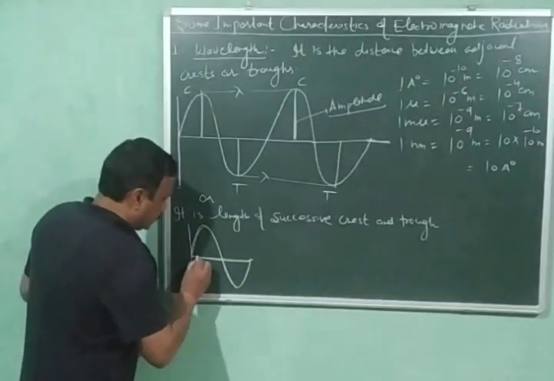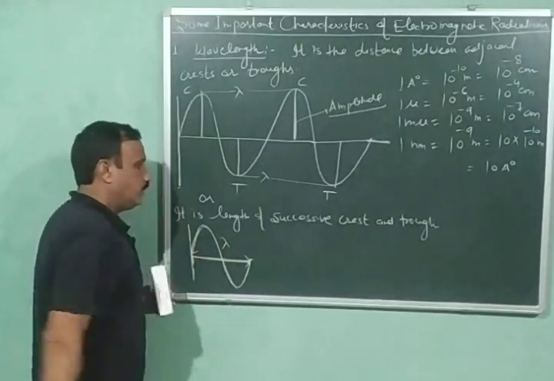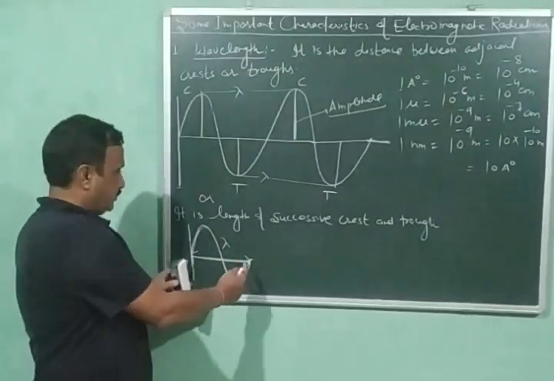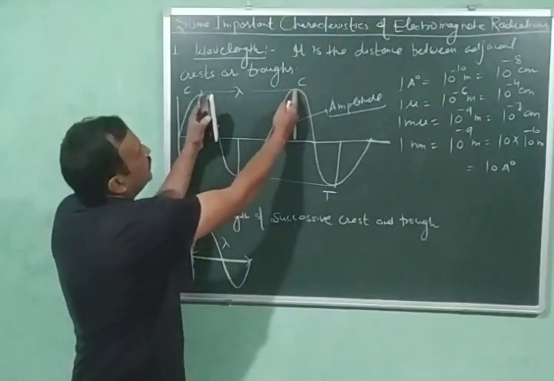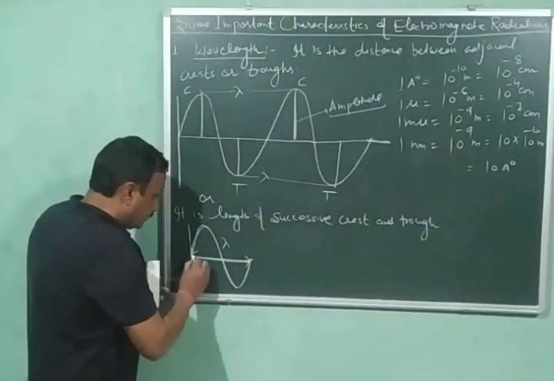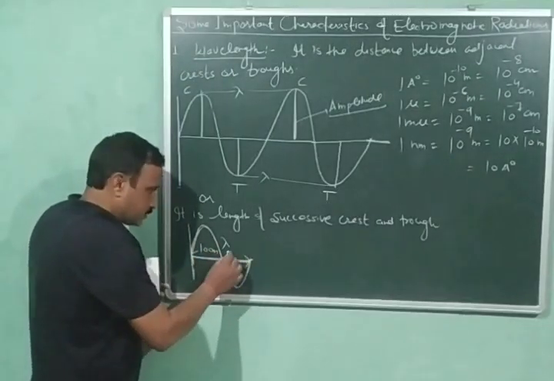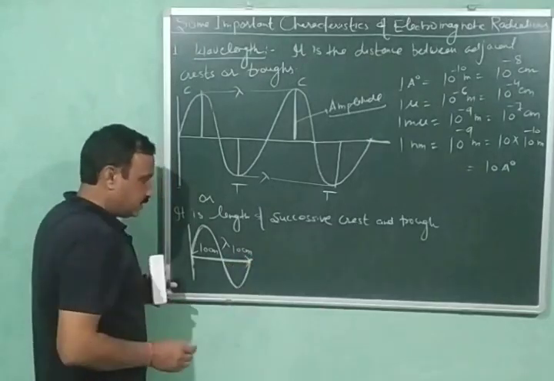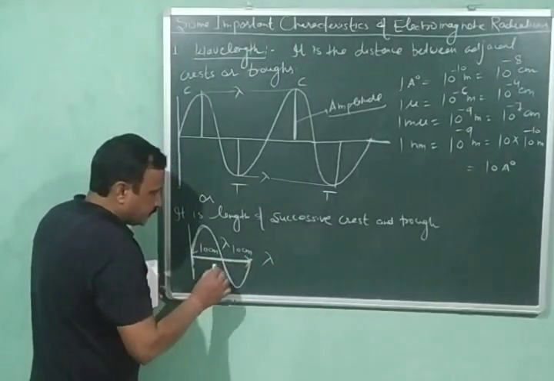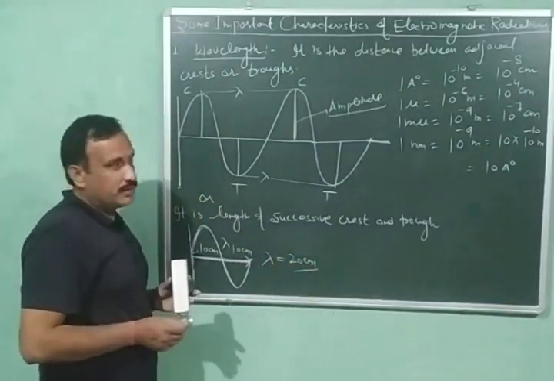Then this length will be equal to lambda, and we can easily understand that this length and this length are the same. Let us suppose that this distance is 10 centimeter, then this distance will also be equal to 10 centimeter, then the wavelength, that is this distance, will be equal to 20 centimeter.